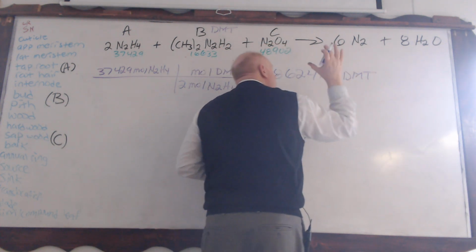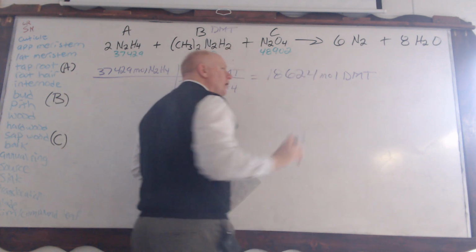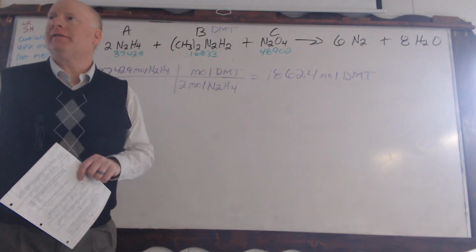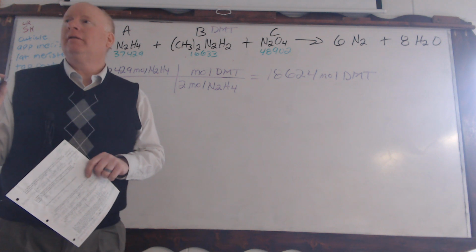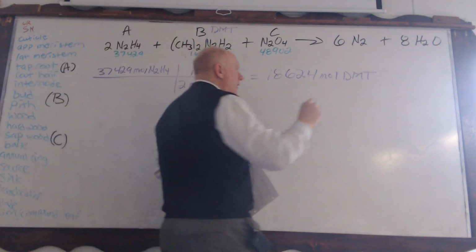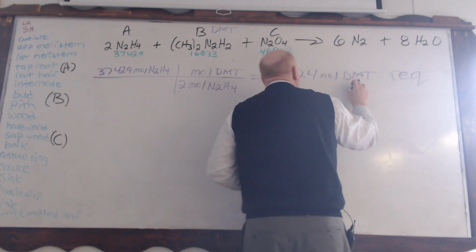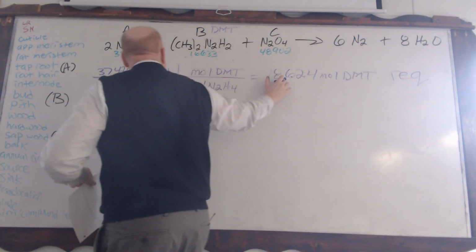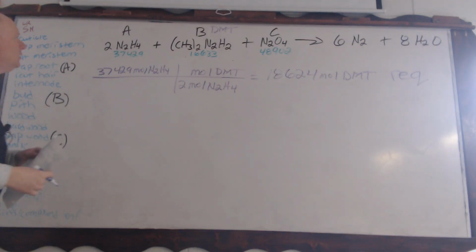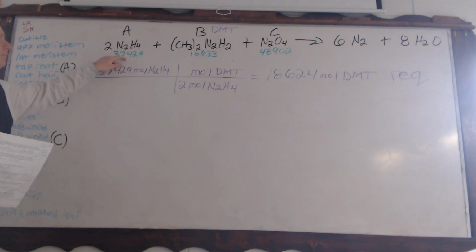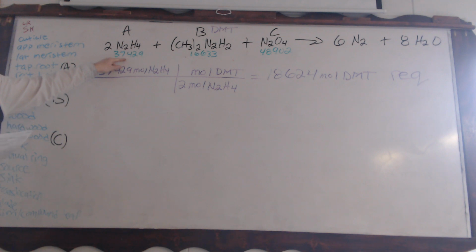And then what else would you write over here? 3 letters. Say that again. Yeah. R, E, Q. This is required. We need 18,624. How much did we have? I'm not getting it. I got 18,704.